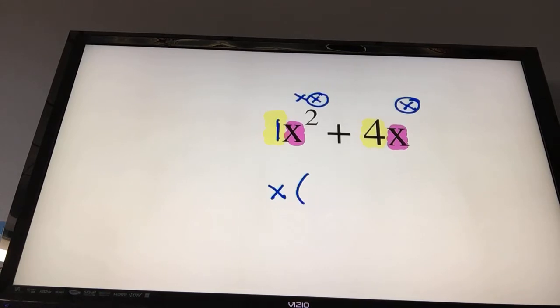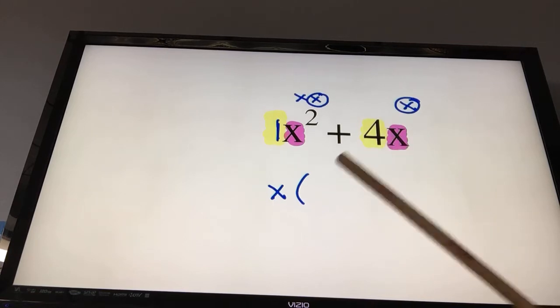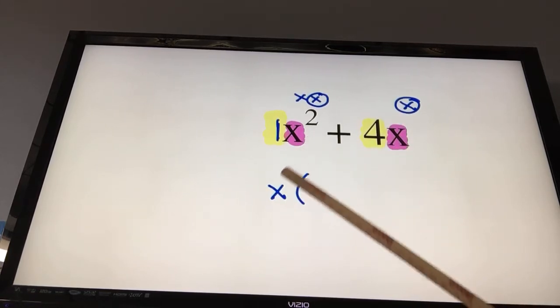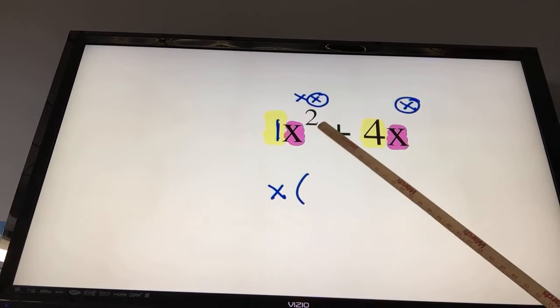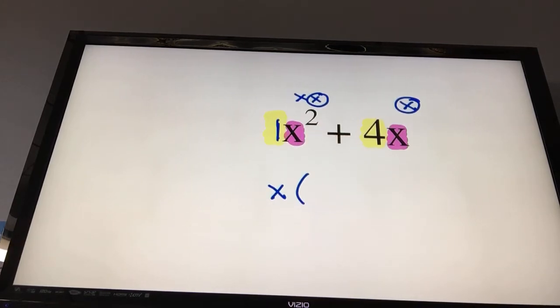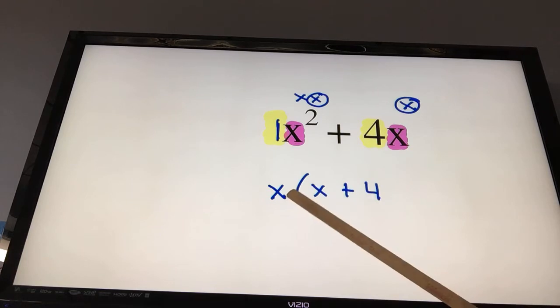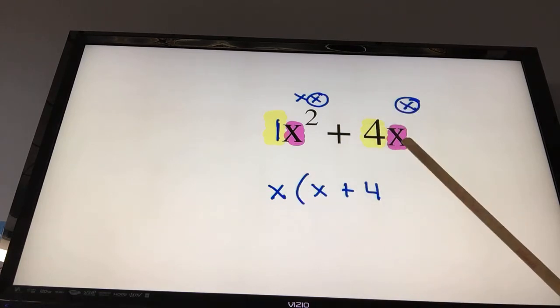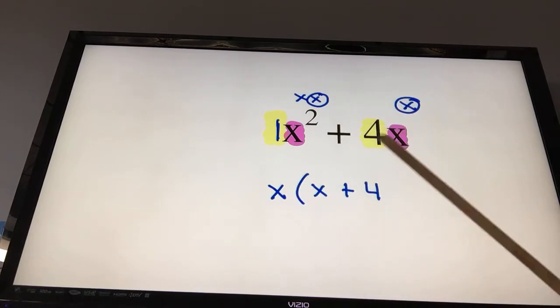If I take x from x to the second, so I'm going to take one of them from the two of them, leaving me one of them. So there was two, I took one out in front, so it left the other one. Plus comes down, 4 comes down. And then if I take this x from that x, there's no more x's left.